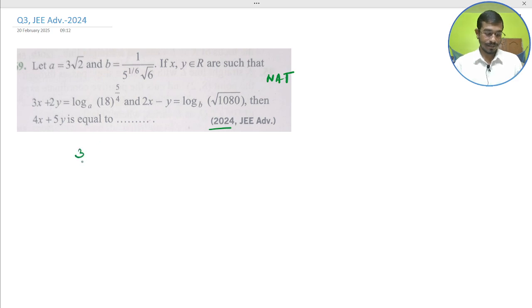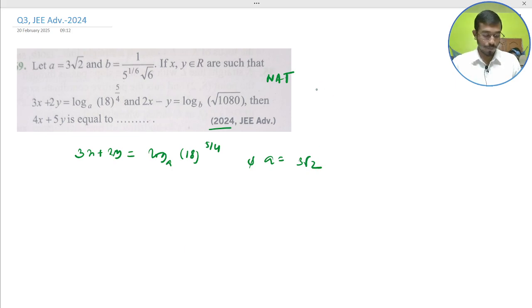So that is given: 3x plus 2y is equal to log base A of 18 to the power 5 by 4, and A is 3 root 2.